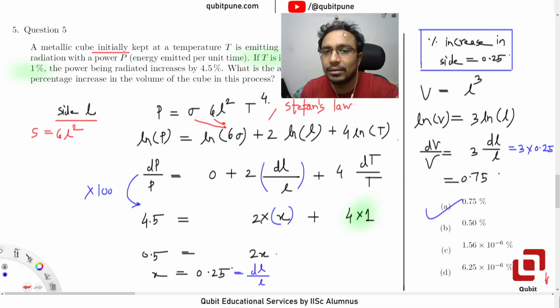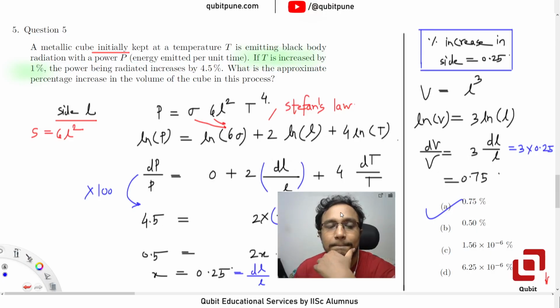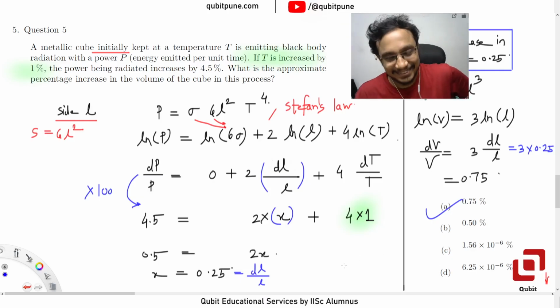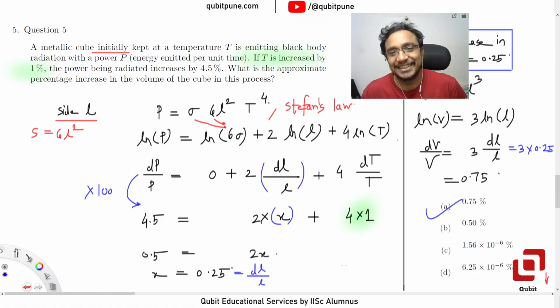So I tried, but this error analysis didn't strike me at first. What I did was, the first equation was the same, P equals sigma 6 L square T power 4. And the second equation, since power increases by 4.5%, I wrote as 1.045 P equals sigma 6 L dash square, and then 1.01 T whole power 4.